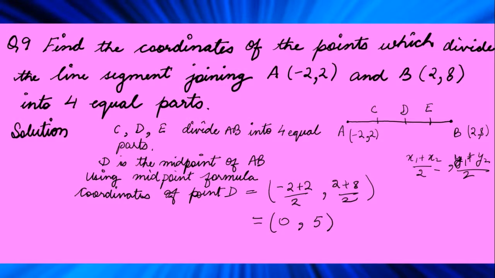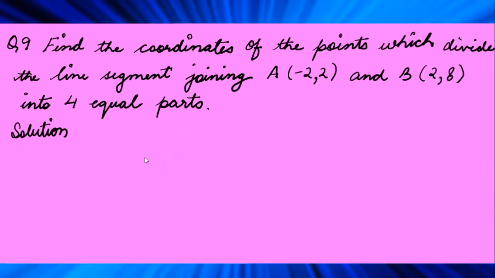Then after that, let's just make it over here: that is A, B, and this was point D, C and E. This was your (-2, 2) and this was your (2, 8).